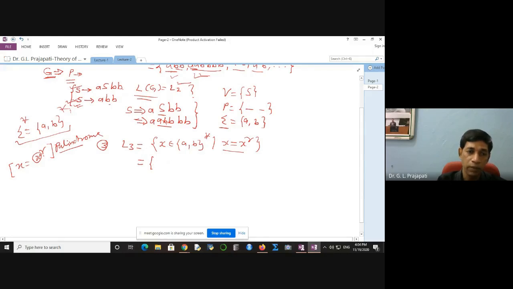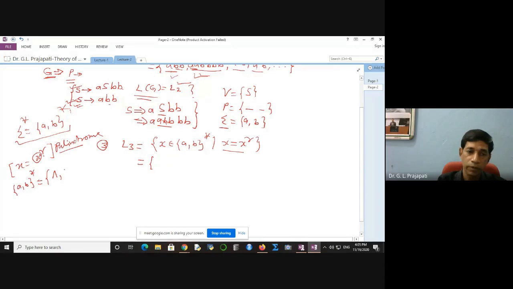And you know that once you have sigma star or {A,B} star, then what are the sentences here? Star can have any value 0, 1, 2, 3, 4, 5 and so on. Once you have {A,B} to the 0, it means you have the null string.